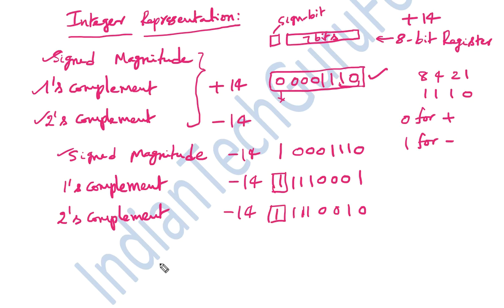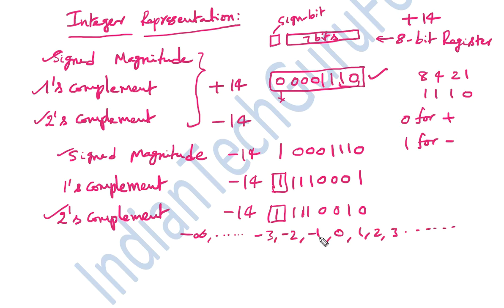However, for integer arithmetic, we always prefer twos complement representation. Integers in mathematics start from minus infinity and go on: minus 3, minus 2, minus 1, 0, 1, 2, 3 and so on.